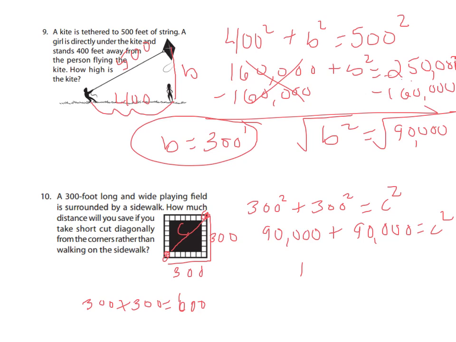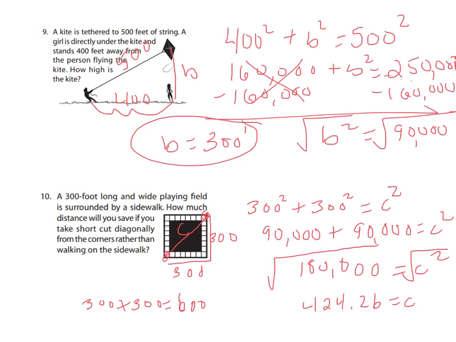Well, 90,000 plus 90,000 is 180,000. And it equals c squared. So my final step with this part of it is to take the square root, and square root of 180,000 is 424.26.